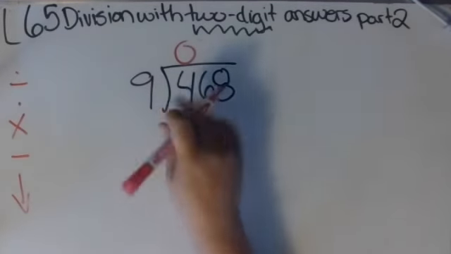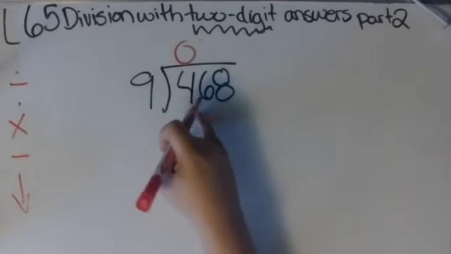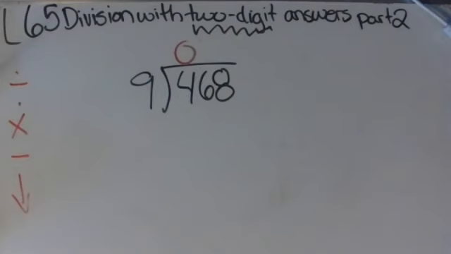There's my division. Now I'm not going to do all the rest of this for 4. I already know it doesn't work. So 9 goes into 46. I need a multiplication chart.